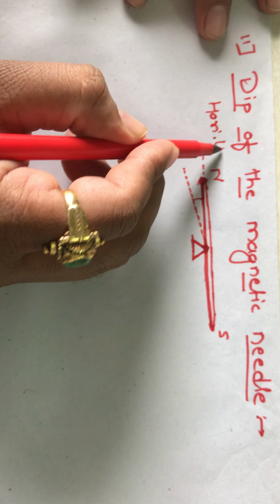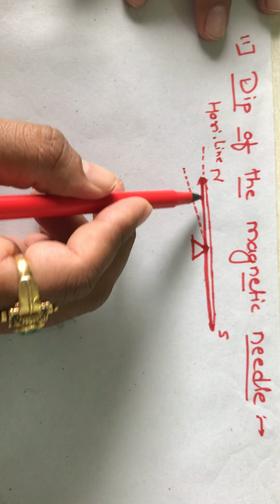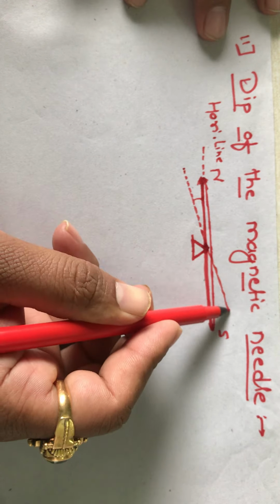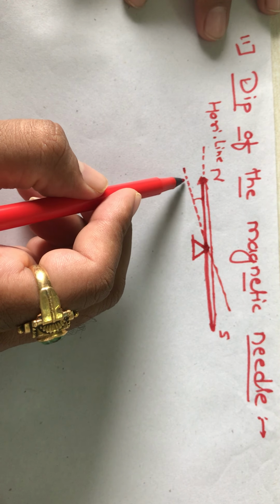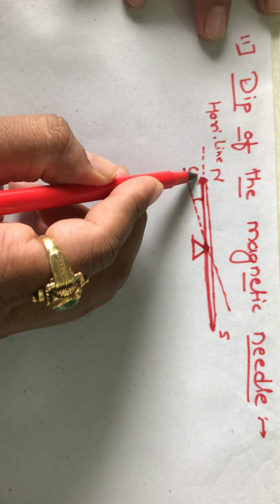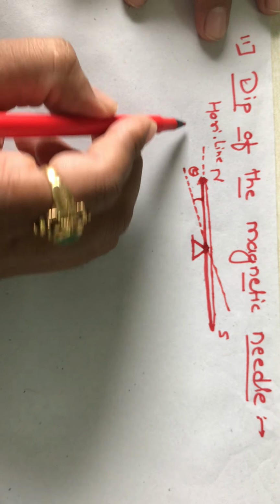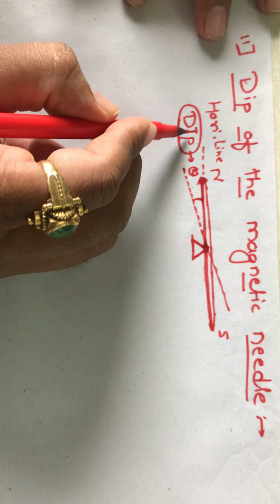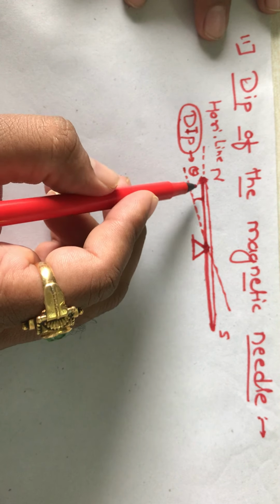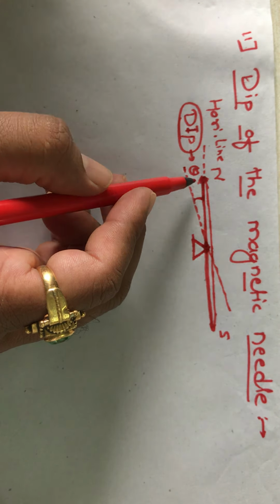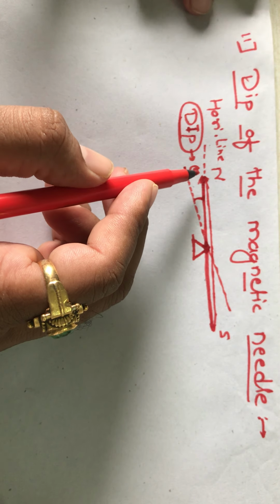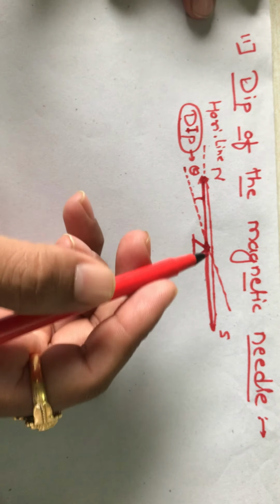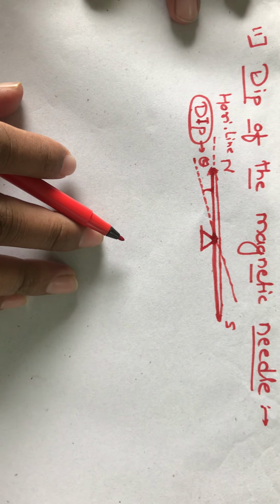Our needle is dipped in the downward direction, and that angle is called the dip. The needle is inclined towards the pole.